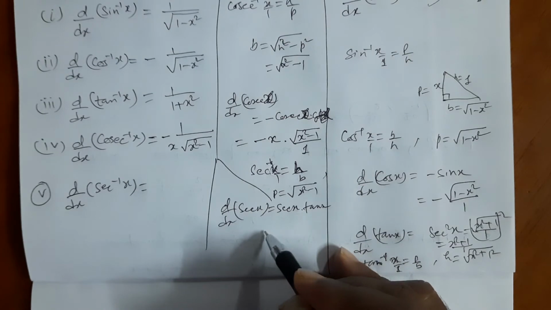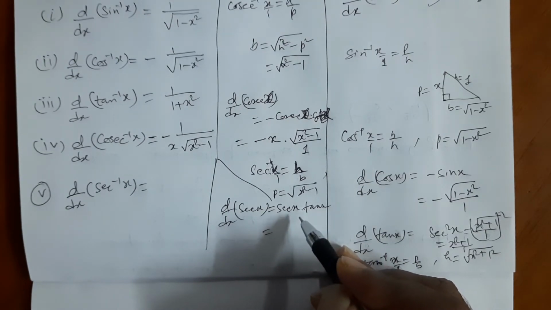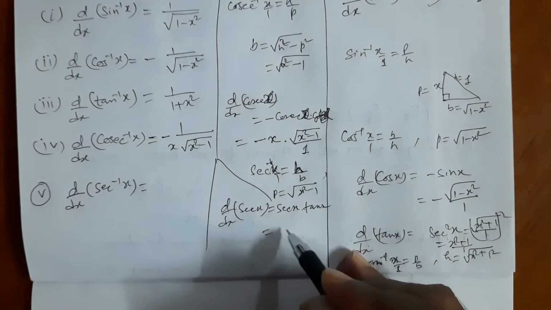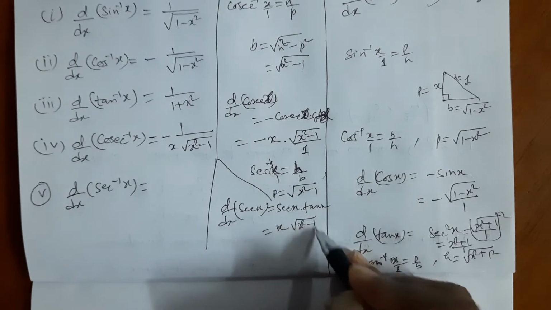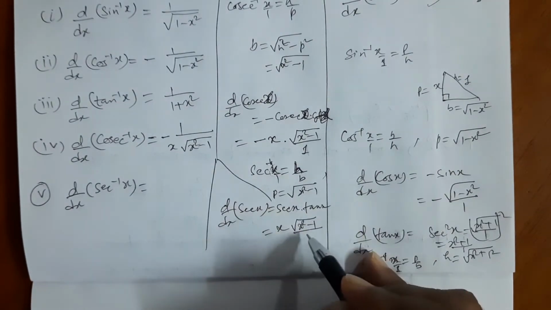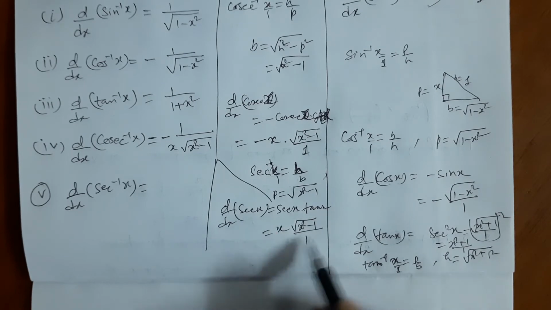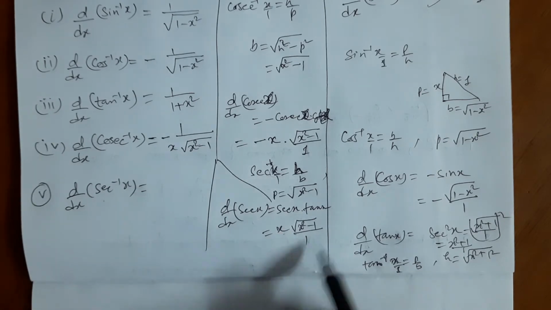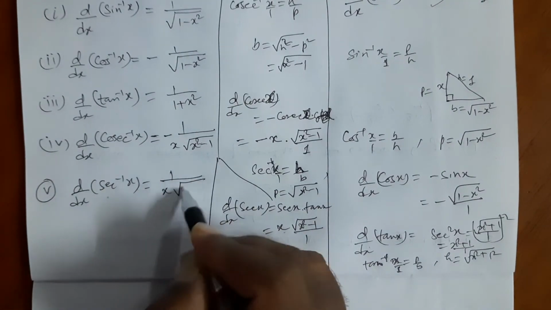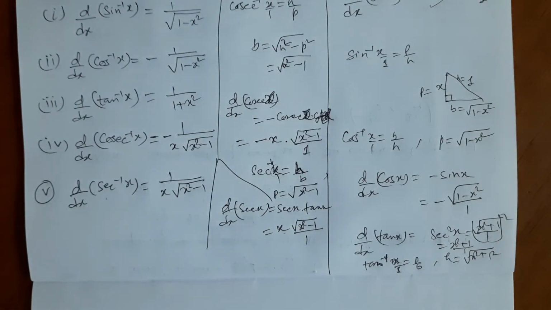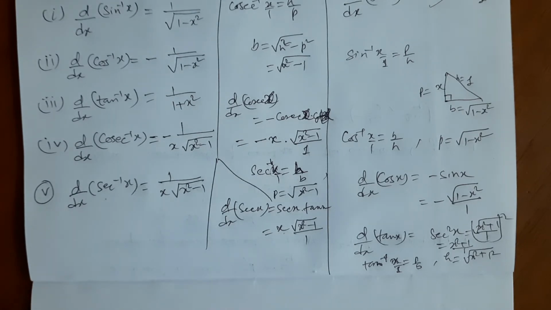Now sec x means h over b, that means the same x, and then tan x means p over b, that will be root over x square minus 1 over 1. Sec x derivative we got x root over x square minus 1, but we need the sec inverse x derivative, so it will be the reciprocal of this. So the reciprocal will be 1 over x times root over x square minus 1. Okay, in this way we have found the derivative of sec inverse x as well.